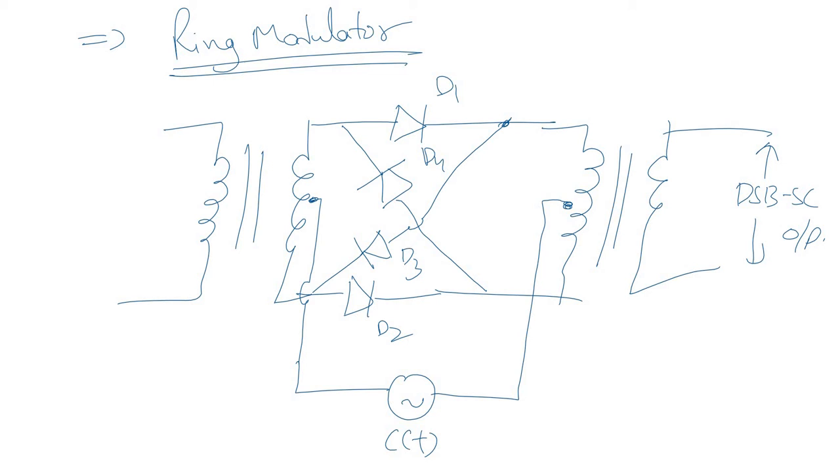We apply a message signal at the input of the primary coils, and the carrier signal is applied at the center tapping of these two coils, right? Now let us analyze the working of this ring modulator.